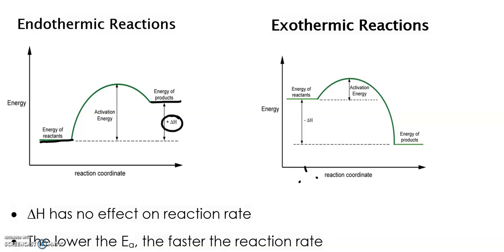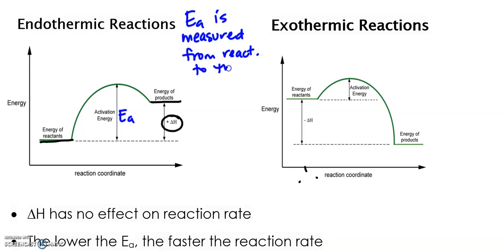But the new piece is this activation energy, this E sub A. And the way you always measure E sub A is from reactants to the top of the hill. So you're going from right here with your reactants all the way up to the top right here.